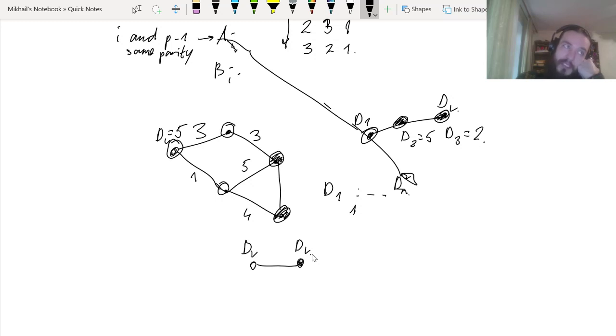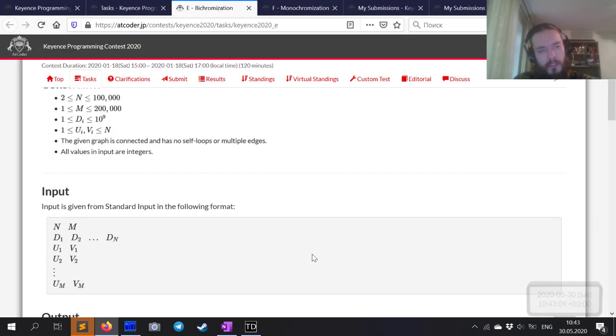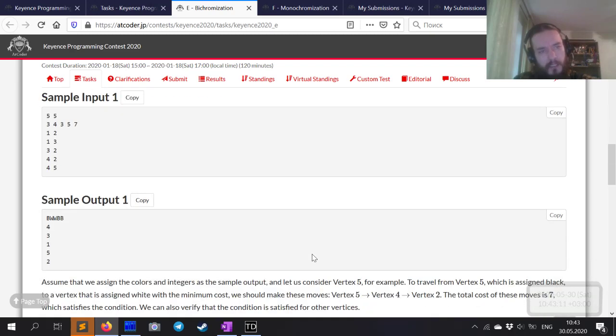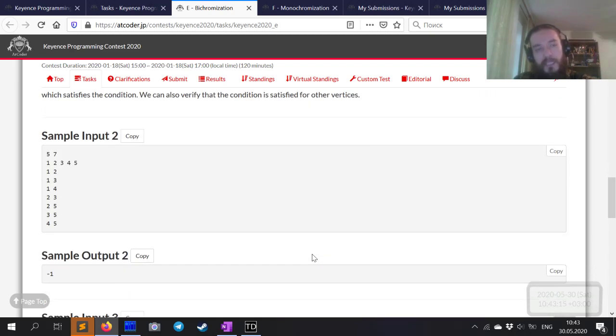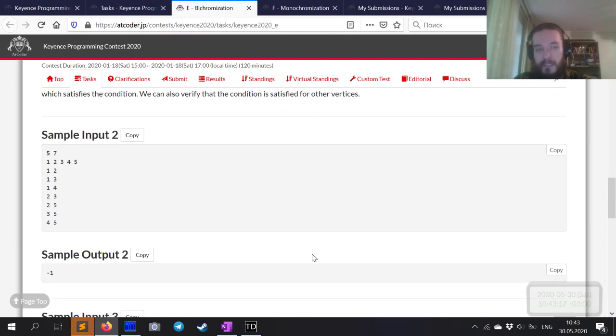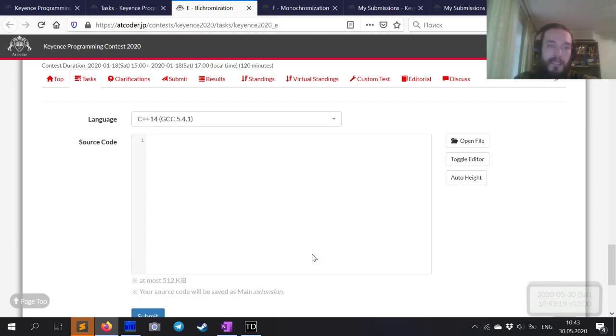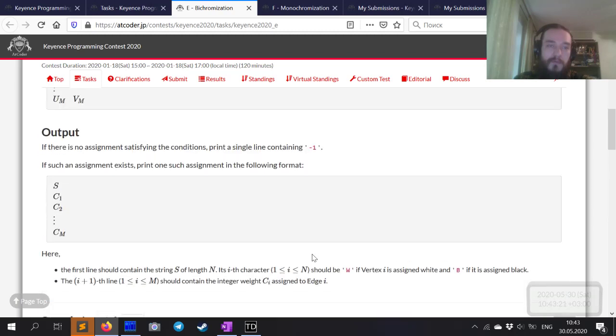So the smallest number has to occur at least twice in our given sequence, which is kind of cool, I guess. In this case, it's not the case, and there is no answer. In this case, it's true.